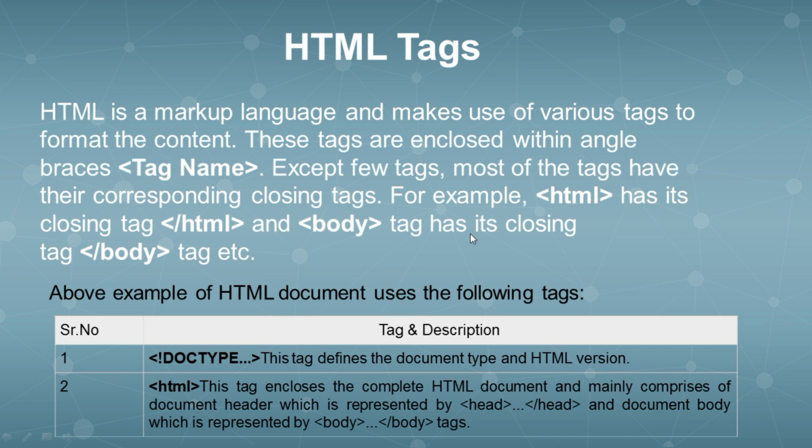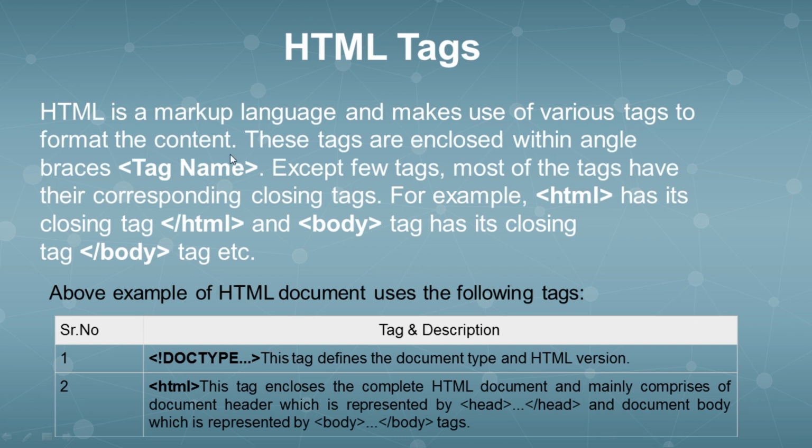Okay, so now we will understand what an HTML tag is. HTML is a markup language which designs the layout of a web page, and what we are going to put inside the website, the web page is designed and typed by the programmer, I say designer. It provides various types of tags to format content.